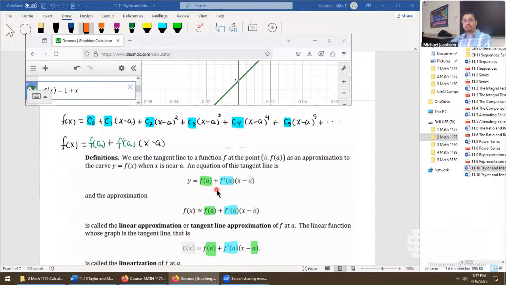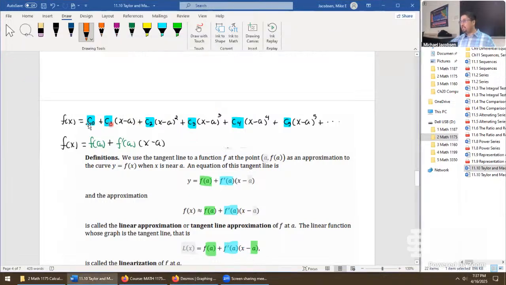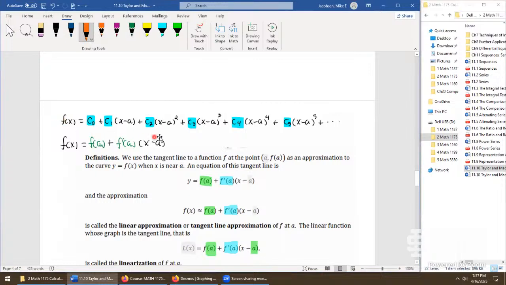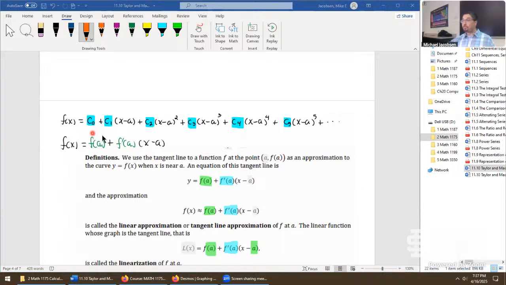This is just the tangent line equation. Solve it for f of x, or rewrite it as L of x as a full-on linearization. It's f at a plus f prime of a times x minus a. And that's inherited directly from these expanded terms on page 1. Local linear approximation is just those very first terms right there.